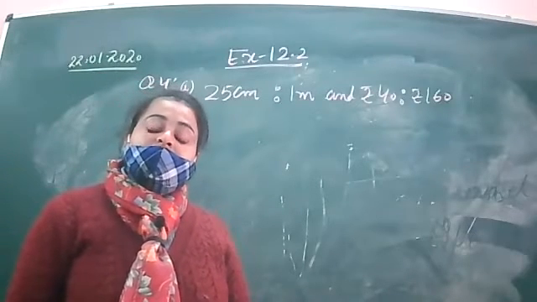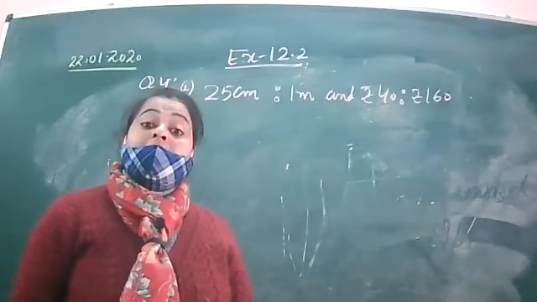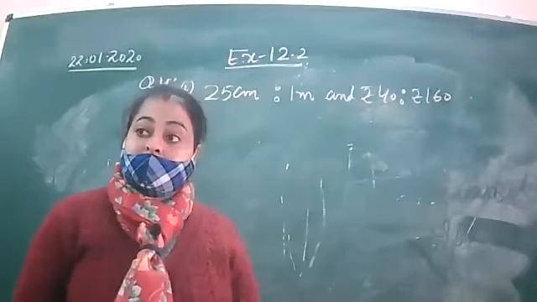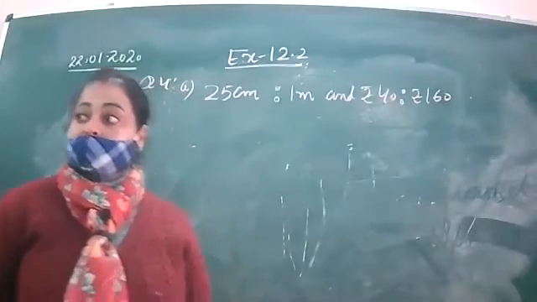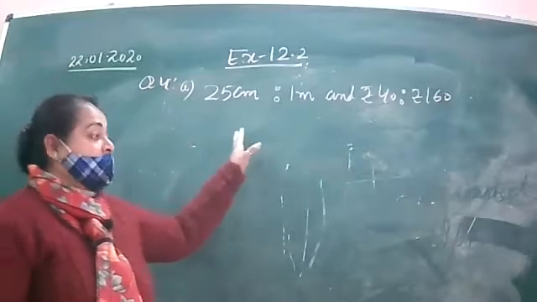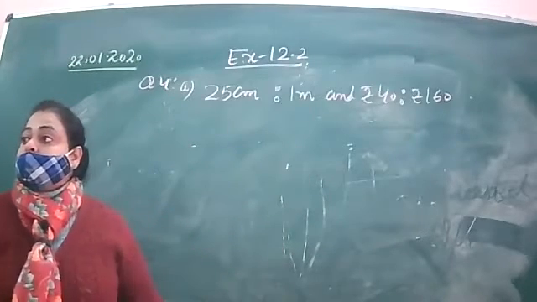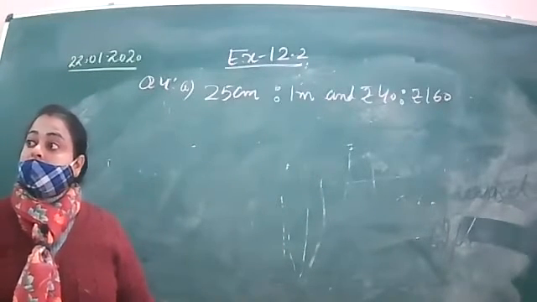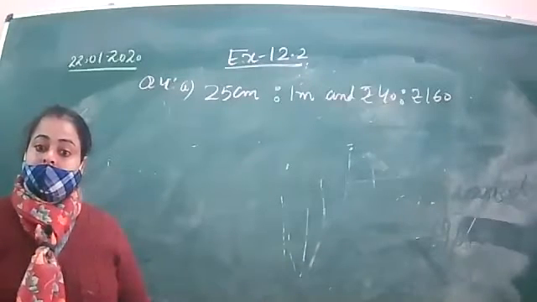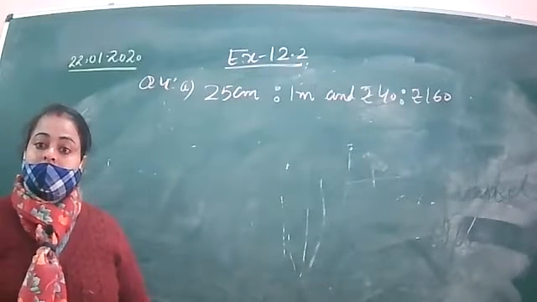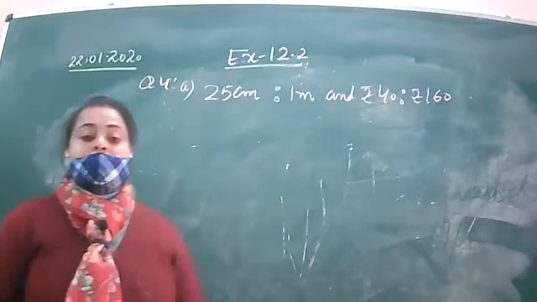Now students, write down in the chat box, according to you, how can we solve this sum? What is the first step to solve this sum? Yes, tell me, Arjun. Very good.